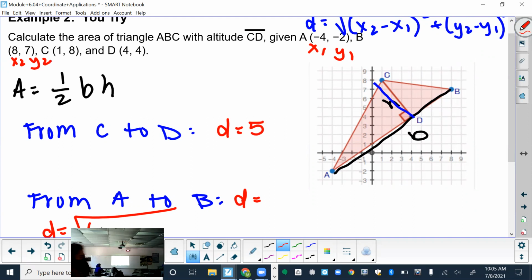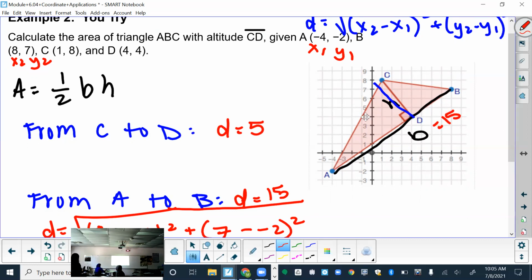So plugging it in, you should have gotten 8 minus -4 plus 7 minus -2 squared. And then when I enter that into my calculator, you get 15. Good. All right. So that means my base is 15. My height is 5.